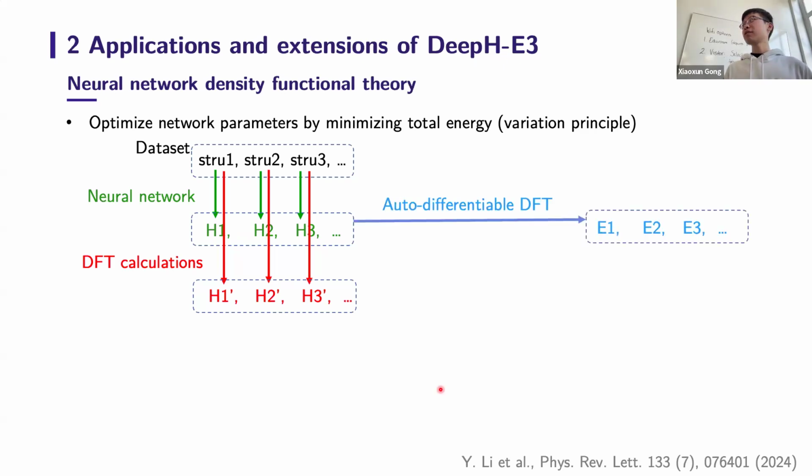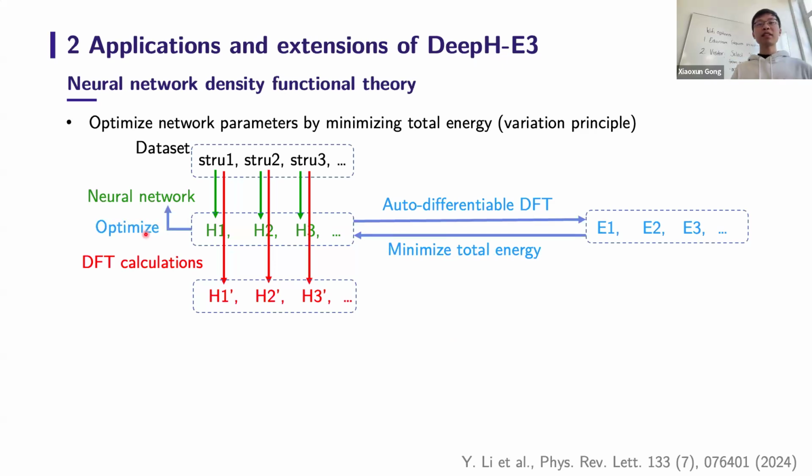Once we have our total energy given by the auto-differentiable DFT, which comes from the neural network predicted Hamiltonian, we can do backpropagation, and during the process of minimizing total energy, we can also optimize our neural network parameters. That is basically treating our computed total energy as a loss function of our neural network, and then we will get rid of all of these DFT calculations.